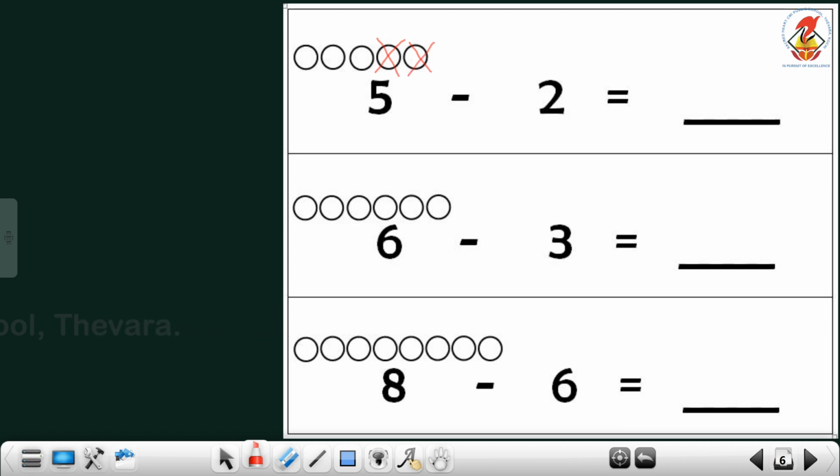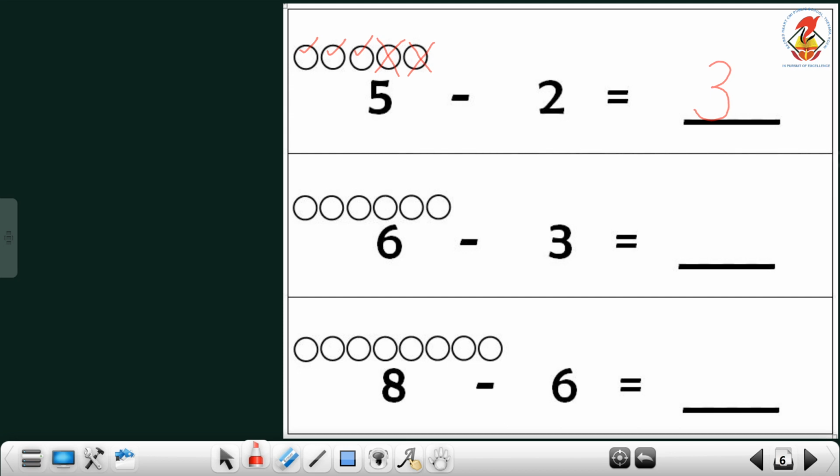So how many are left over? We will count. 1, 2, 3. And you have to write the difference after equals. You write the difference 3 in the space given.